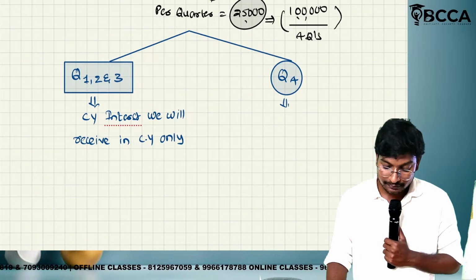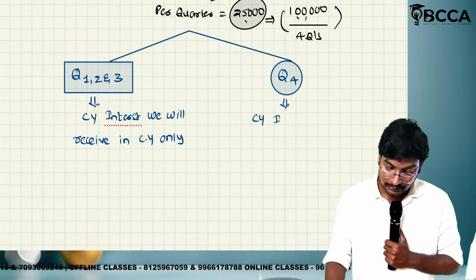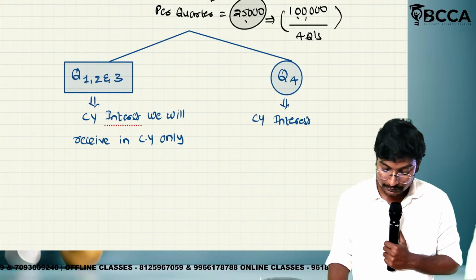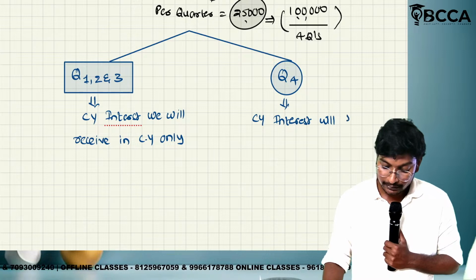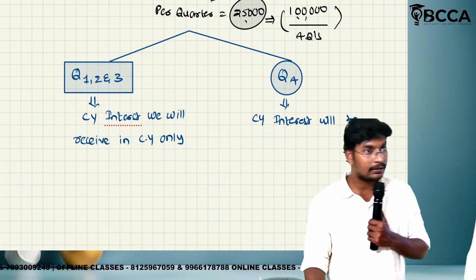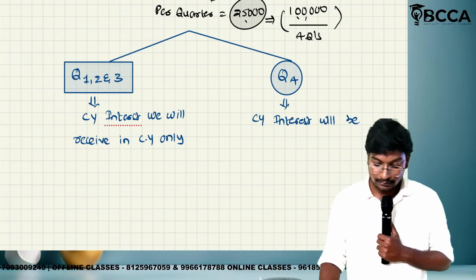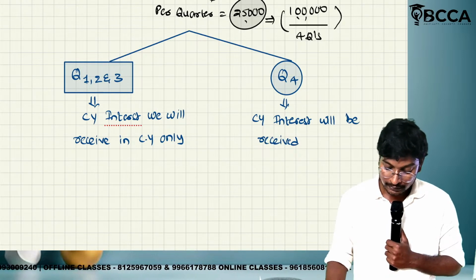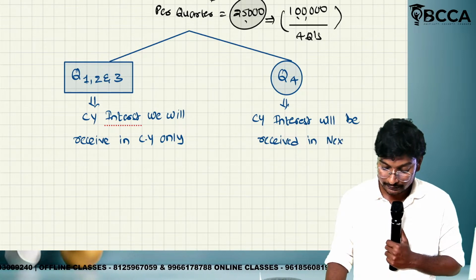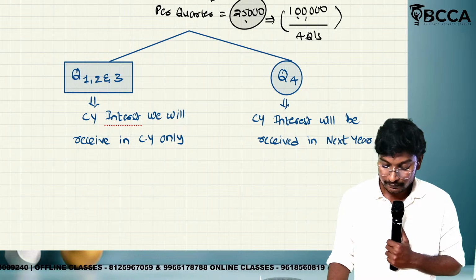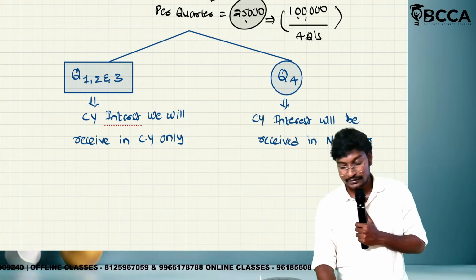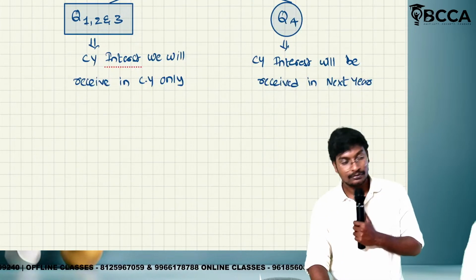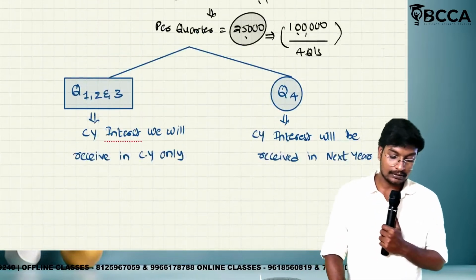What is the meaning of this? Current year interest will be received in the next year. Please don't be confused. Okay, na?